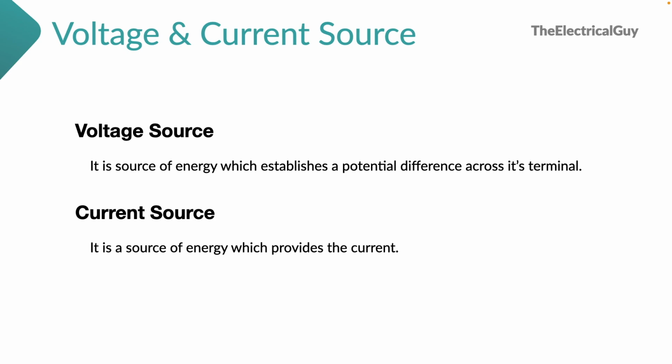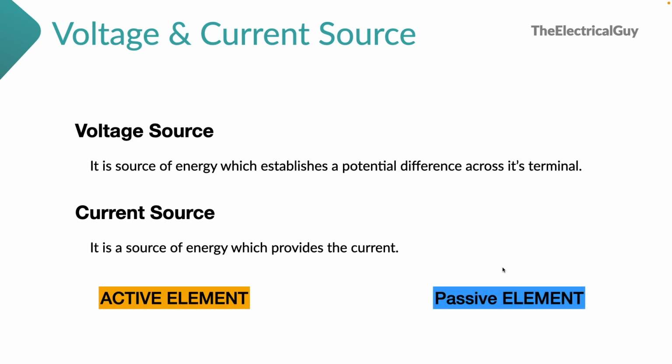And one more important point: the elements that provide energy to the circuit are called active elements. So a voltage source or current source provides energy to the circuit and hence is called an active element. Clear? In a similar way, the components which consume energy are called passive elements. You can take for example a resistor, which consumes energy, and we call it a passive element, right? So active element and passive element, remember that is important.